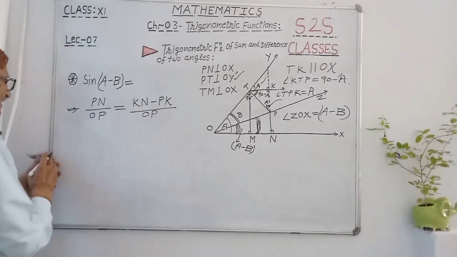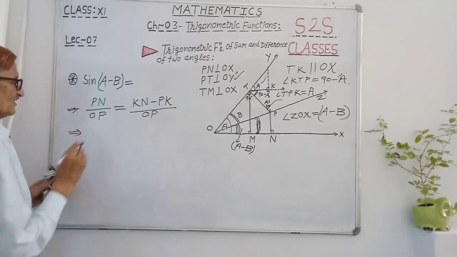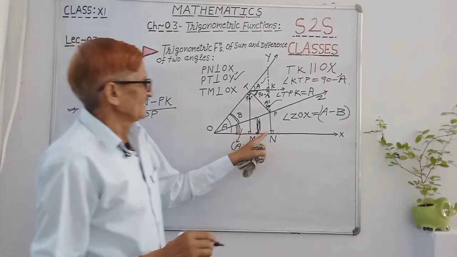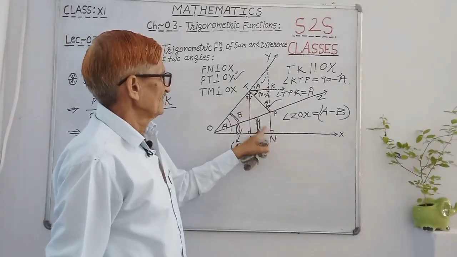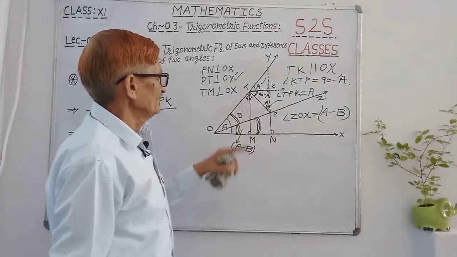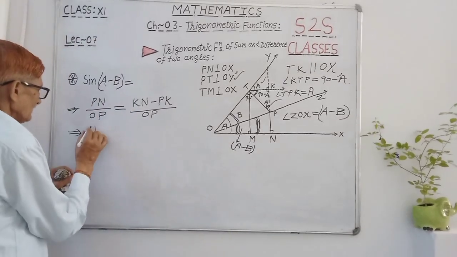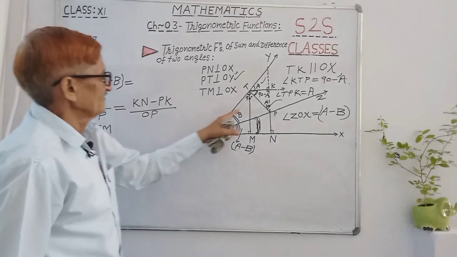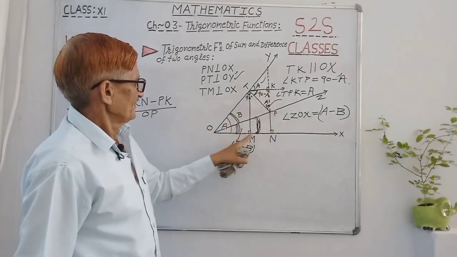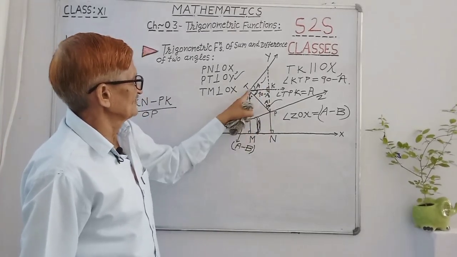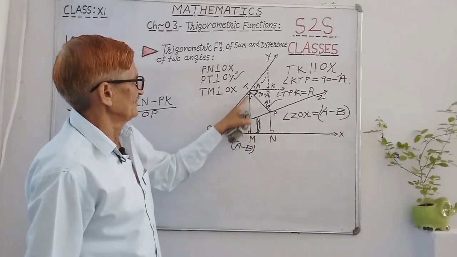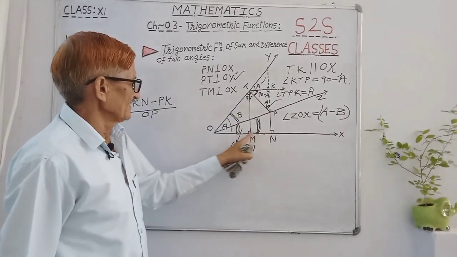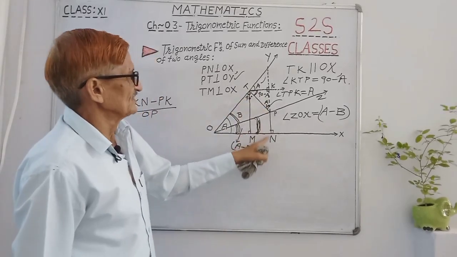Now after this, see in the figure, KN will be equal to TM. Why? KN is equal to TM because TKNM is a rectangle, so opposite sides are equal.